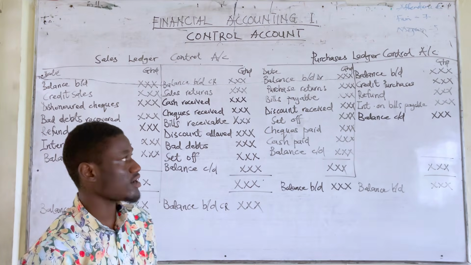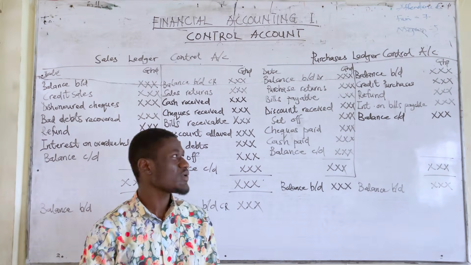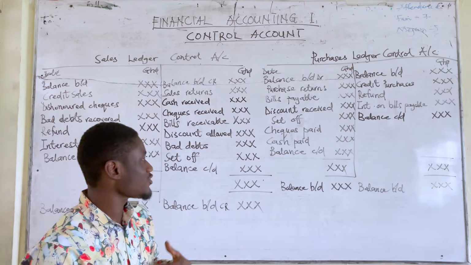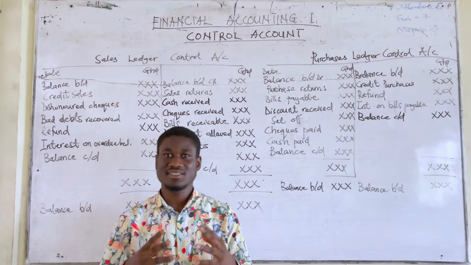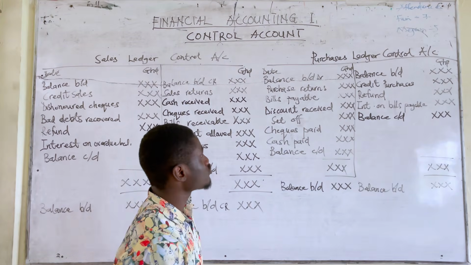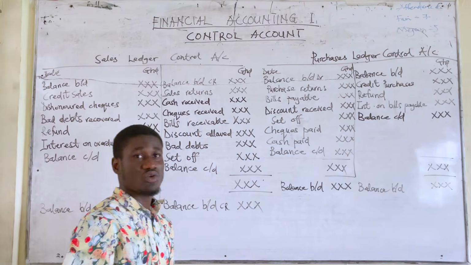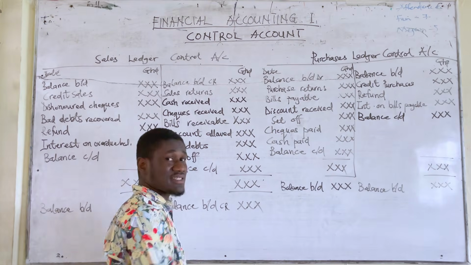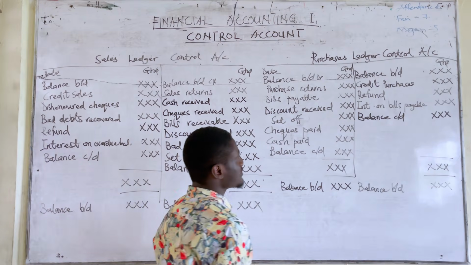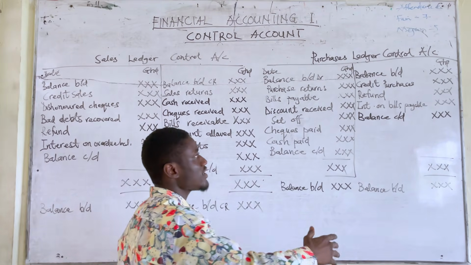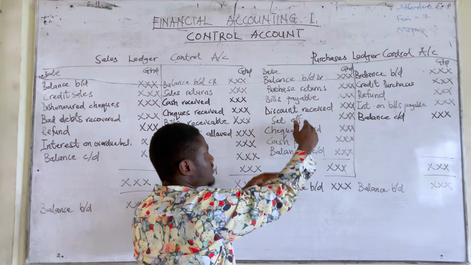Good. Then you are done with the sales ledger control account and purchase ledger control account. Either way, you can learn this in your head or understand the items. For me, I would advise you to understand the items. But if you just want to learn it by heart, you can just capture this and know that this is going here: credit purchases is here, refund is here, purchase return is here, discount received is here.